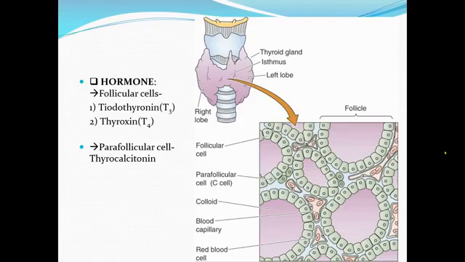T3 is triiodothyronine, and T4 is tetraiodothyronine, called thyroxine.